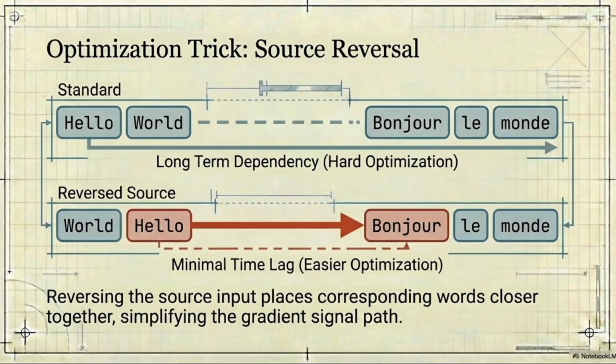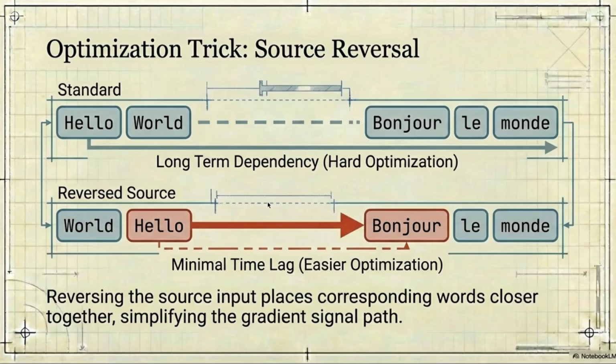Now we can see this optimization trick that we've seen also in the previous video. It's from the original Google paper. They found that reversing the source sentence, feeding world and then hello instead of hello world, will boost the performance greatly. Why? Look at this red arrow.